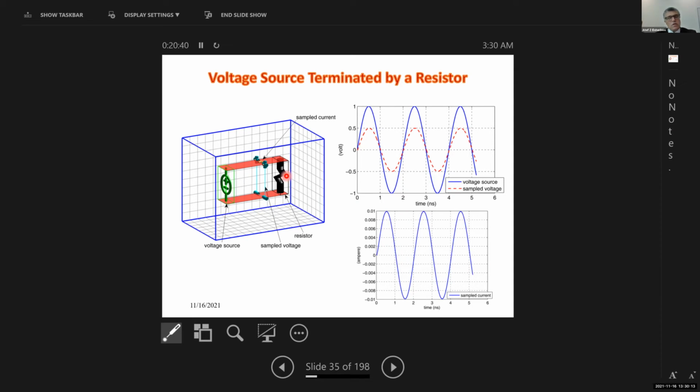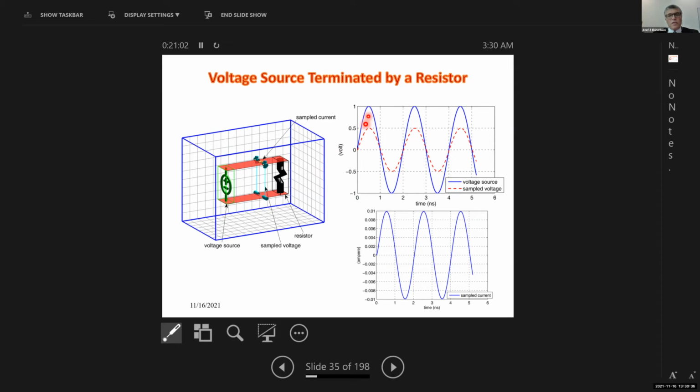And since both of them are 50 ohm, whatever comes out of the source is going to be divided between these two resistors. So if I sample the voltage across the load resistor, I'm going to end up with this dashed red curve here that gives you basically 50% of the total voltage coming out of the voltage source.